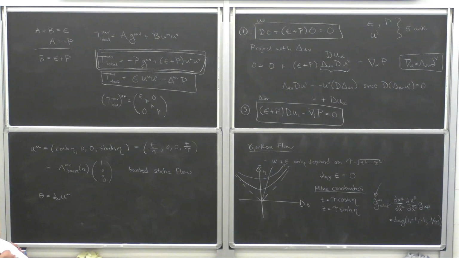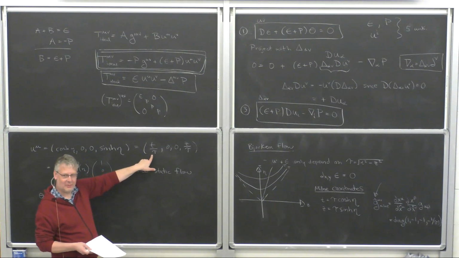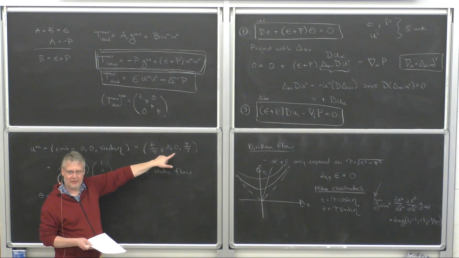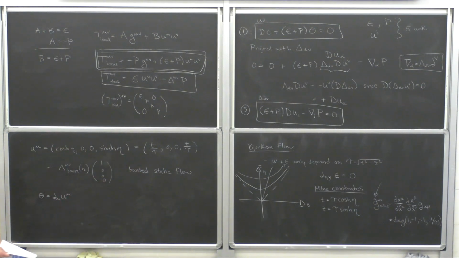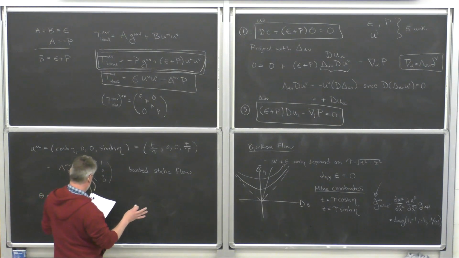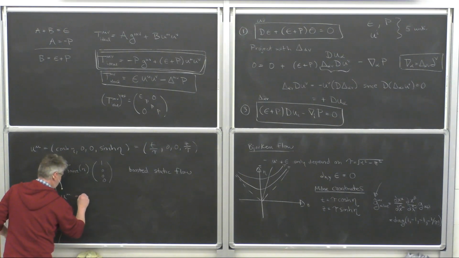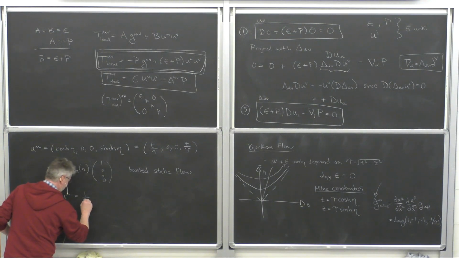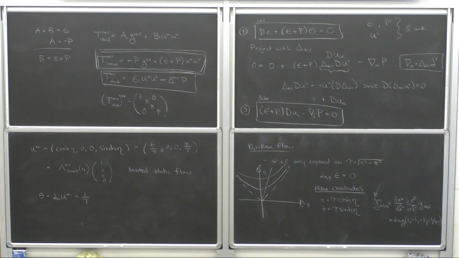I'm going to need theta in equation 1, so I need to evaluate this. You can do it explicitly in terms of t and z and take derivatives, or write it in terms of tau and eta. That's up to you. You will find, regardless, because it's Lorentz invariant and coordinate invariant, that it's just 1 over tau in this special case.